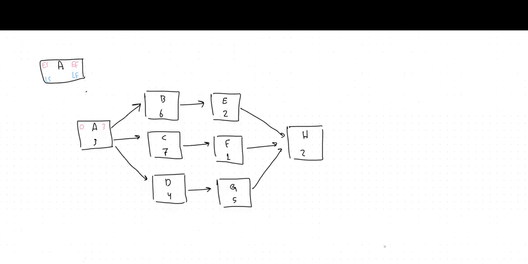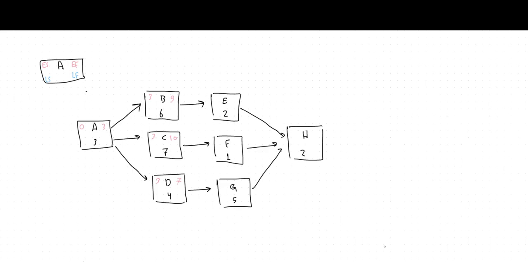Activities B, C, and D will start only after activity A finishes, so they will start from day number 3 for all of them. Activity B needs 6 days, so 3 plus 6 means 9 days when it finishes. Activity C needs 7 days, 3 plus 7 is 10 days when it finishes. And activity D needs 4 days, that means 3 plus 4, it's 7 days when it finishes.